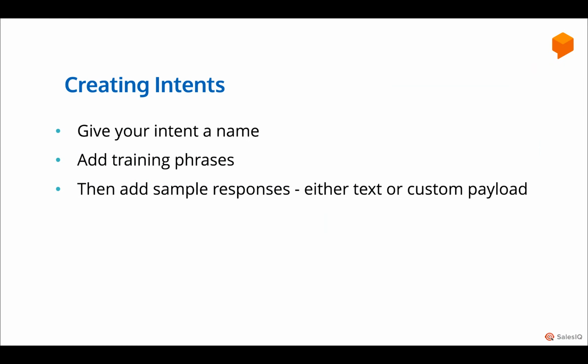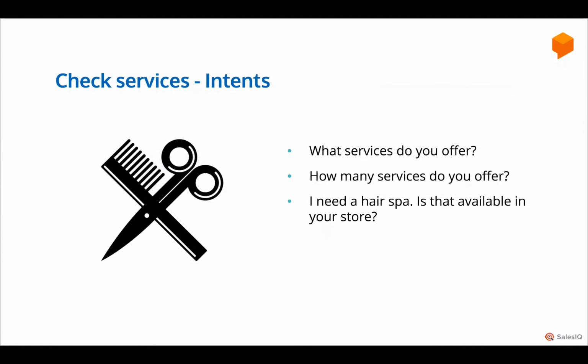So you can configure training phrases for the intent like in these examples. Okay, so since my example was based on hair salon, we can configure intents. Say one of the intents is check services. So in that I can ask questions like what services do you offer, or how many services you offer, or any query concerned with any hair service that you want to avail.